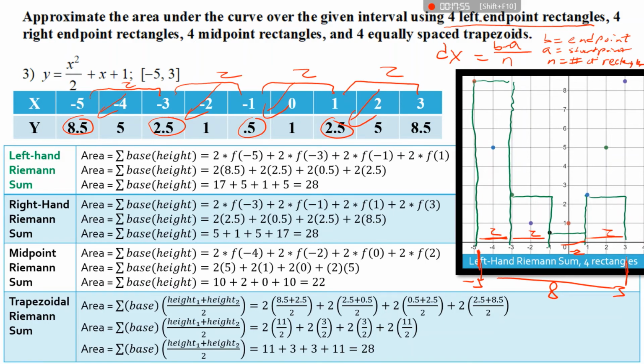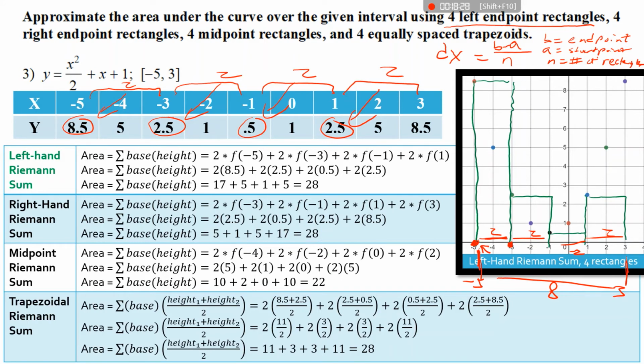Because this is a left-endpoint Riemann sum, the height of this first rectangle should come from the left side. So that's starting at -5. This first rectangle goes from x equals -5 to x equals -3, and the height of that rectangle will come from the left side, because this is a left Riemann sum.